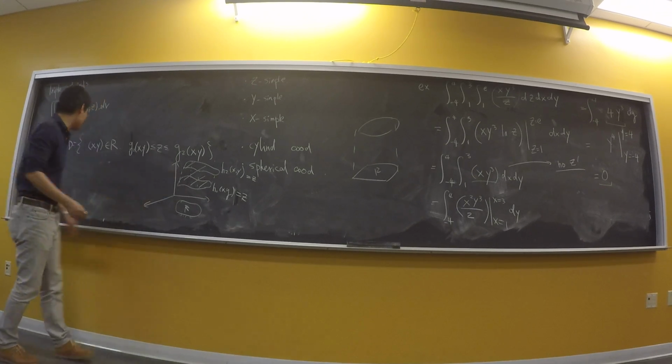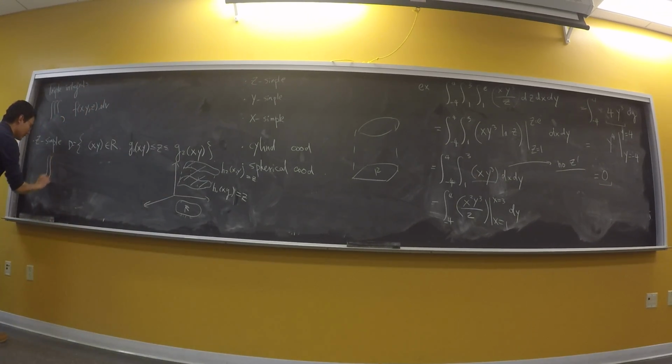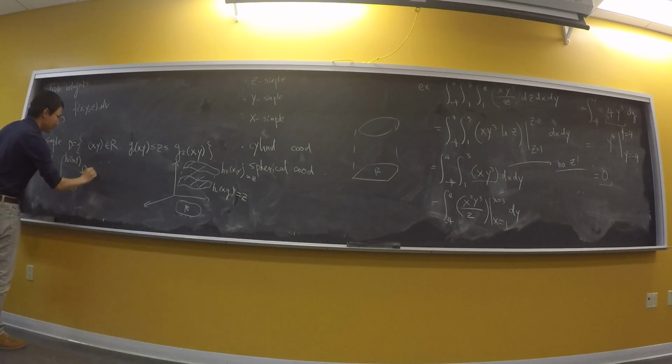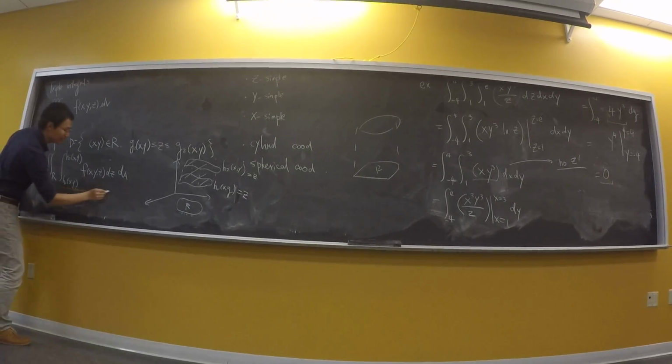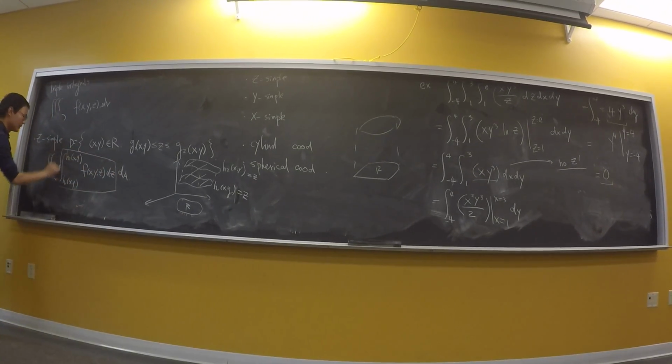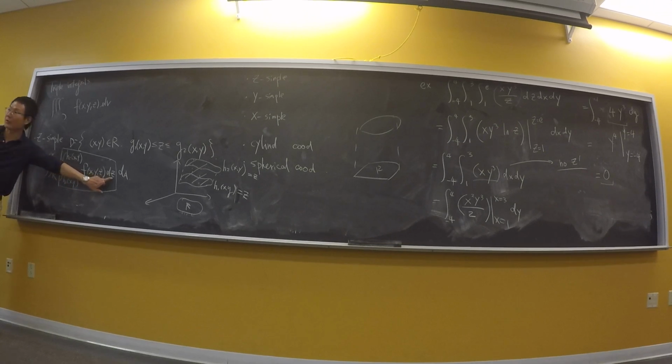So for a Z simple region, I have to rewrite this integral as the double integral over R, and then from h1 of xy to h2 of xy, f of xyz, dz, and dA. If it is a Z simple region, then I immediately know the interior integral is the integral with respect to z. Now think of where I can pair off x and y.